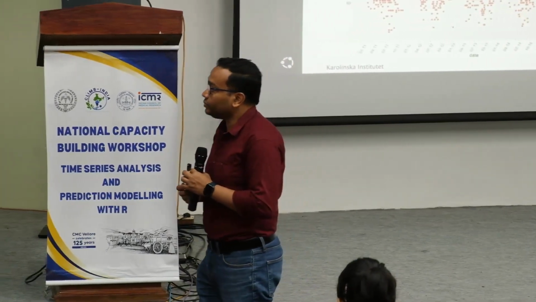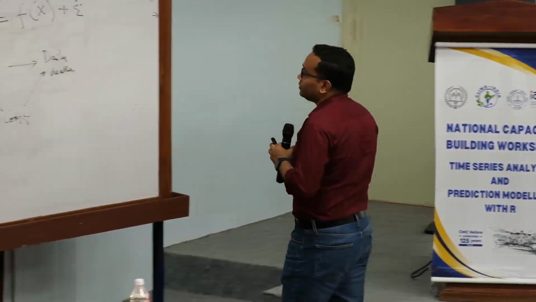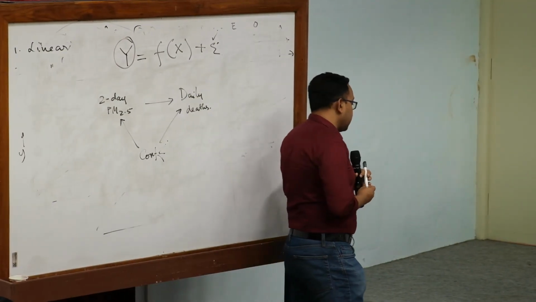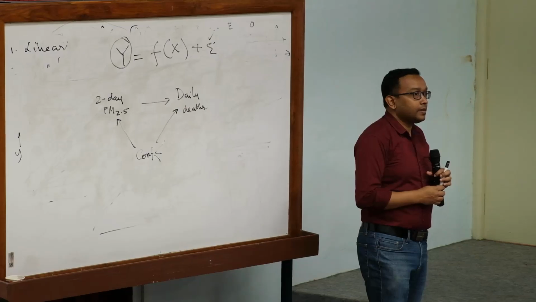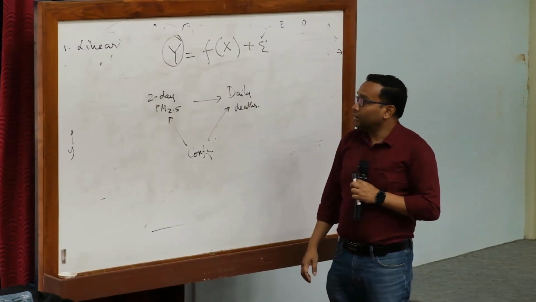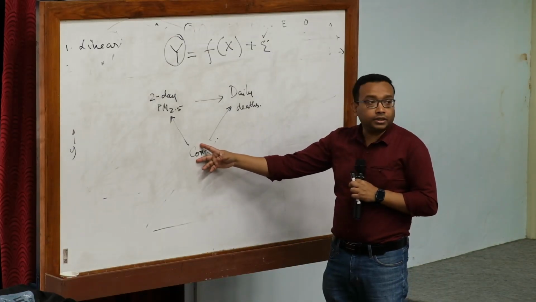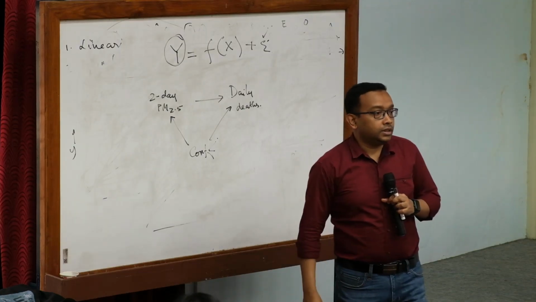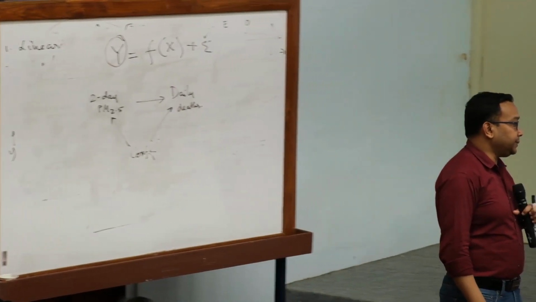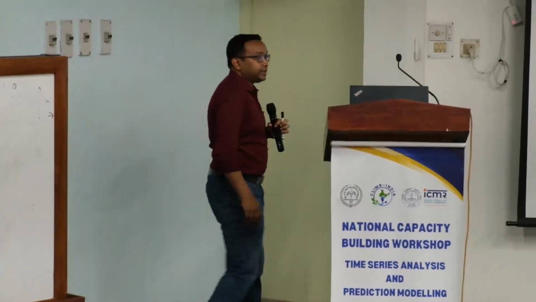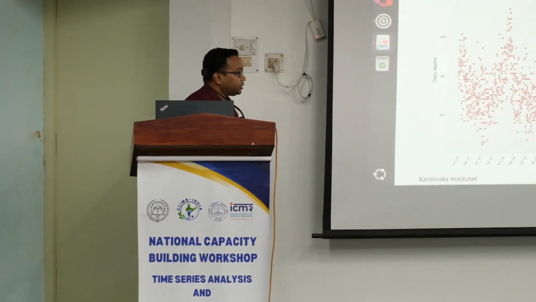So what do you think are confounders? Recent fire, yeah, those things can be there. Anything that affects PM 2.5 in the short term. If you think of things that do not change over time, are those going to be confounders?